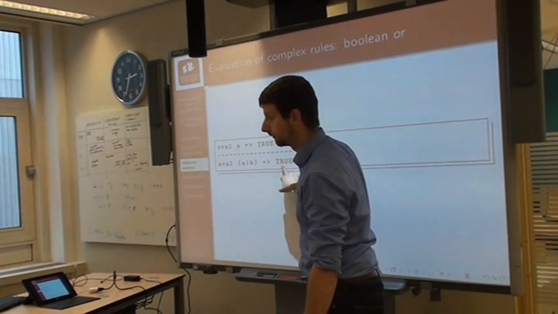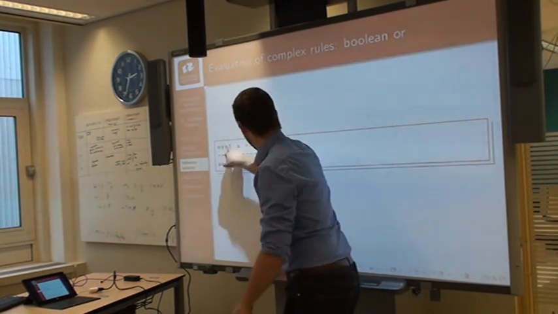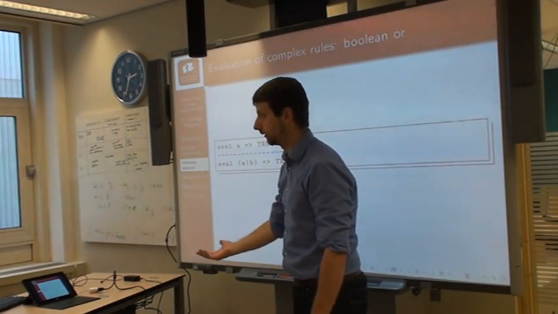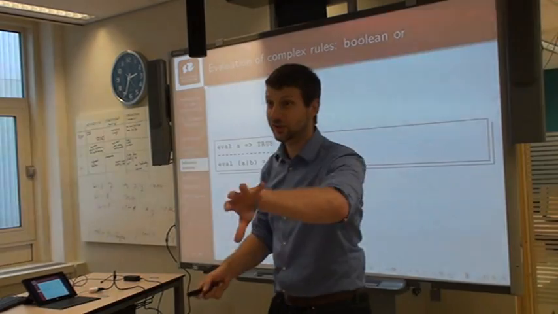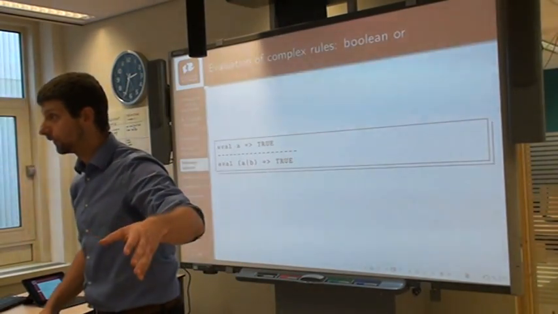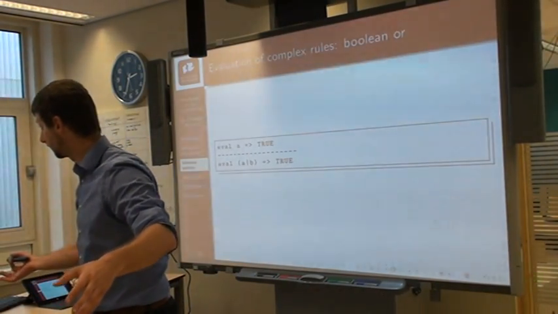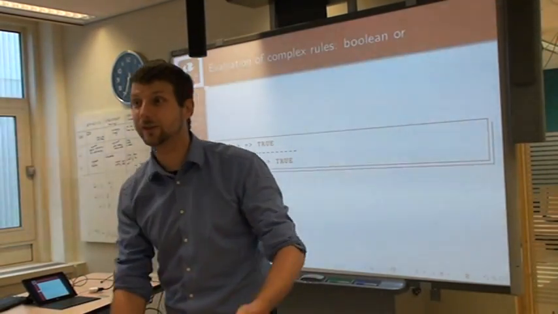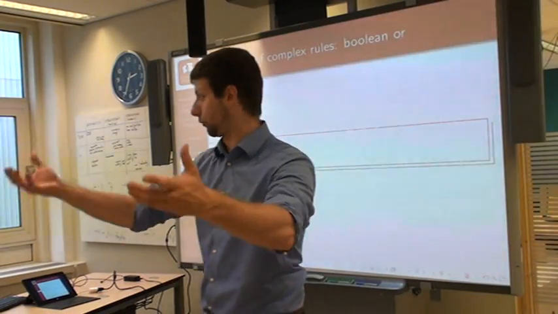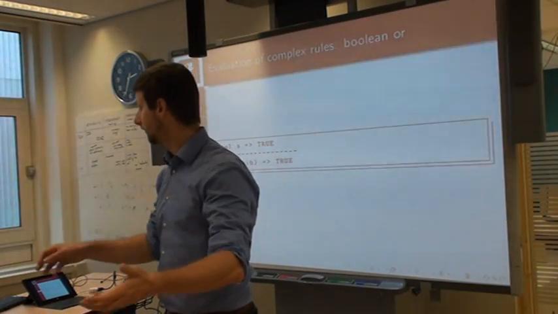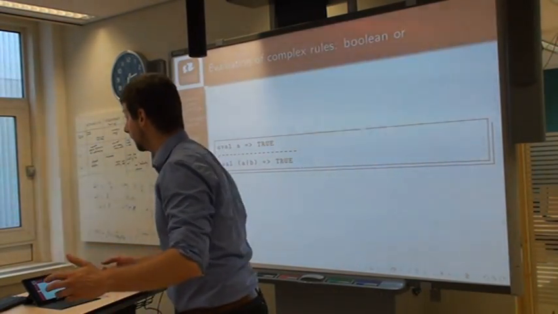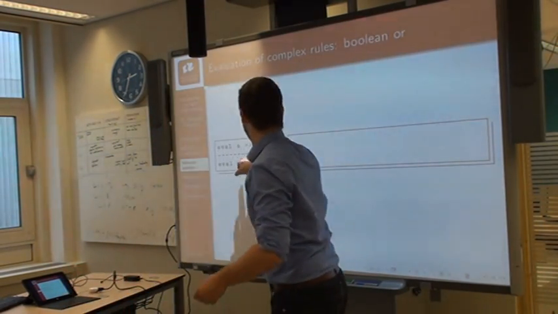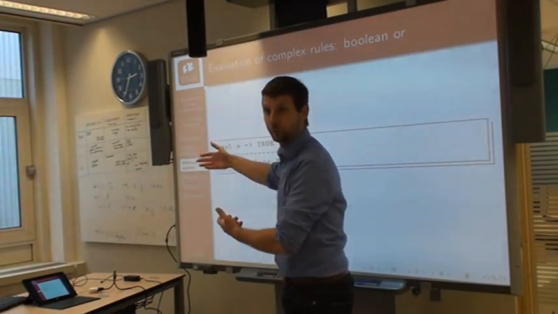Okay? Do you recognize the fact that this is how an OR is supposed to work? Whatever the other side is, if the other side is true, then it's true or true. You could also do this with B, obviously. It depends on how you formulate other rules.